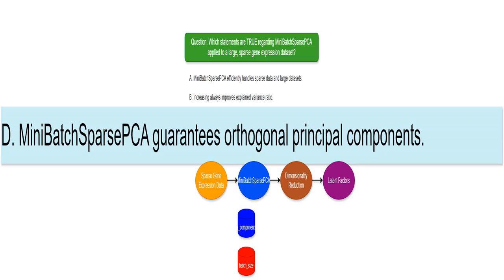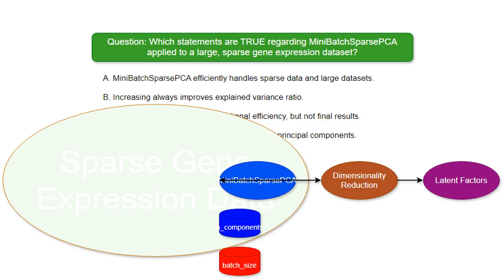This is the algorithm I am using for dimensionality reduction. It is a variation of principal component analysis, PCA, optimized for speed and memory efficiency when working with large, sparse datasets. This is the core goal of this process. My goal is to simplify my high-dimensional data, many genes, by identifying the most important underlying patterns, principal components.